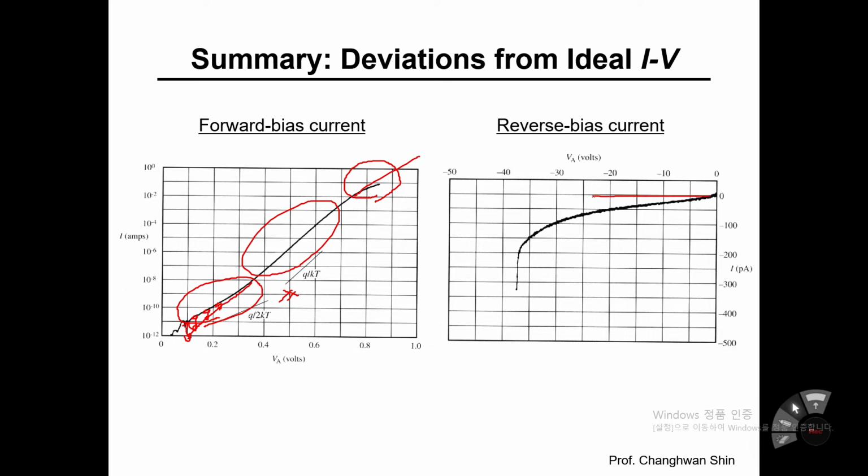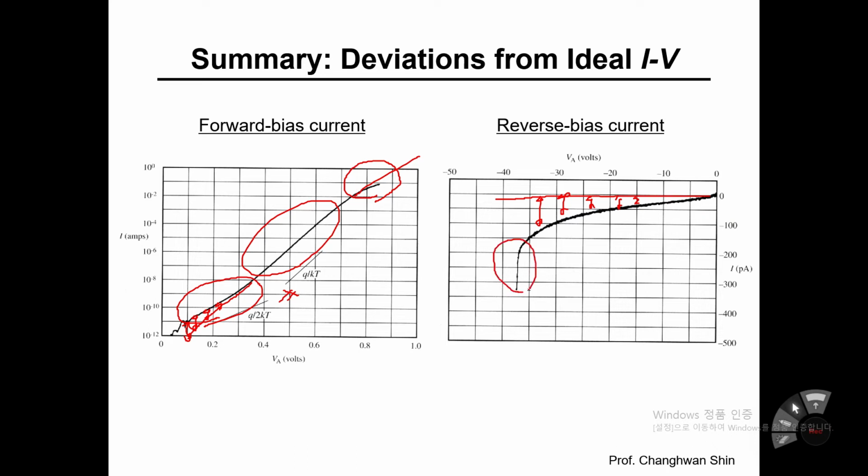The ideal diode curve says that the current should be saturated once the PN junction diode is reverse biased. However, an additional current component can be observed. Where does it come from? Yes, it comes from the generation current in the depletion layer of the PN junction diode.